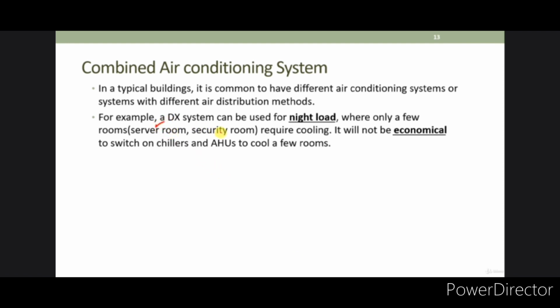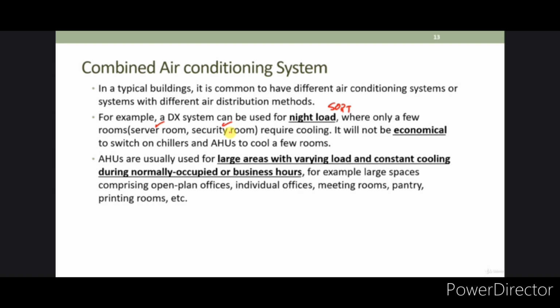For example, the server room, the security room. And the load can be as low as maybe 50 ton. It doesn't make sense to switch on a chiller of 350 ton to serve this night load. It's not economical, it's not efficient for the chiller, and it's quite detrimental to the chiller also. So it will be better to have a separate direct expansion system to serve these places 24 hours.